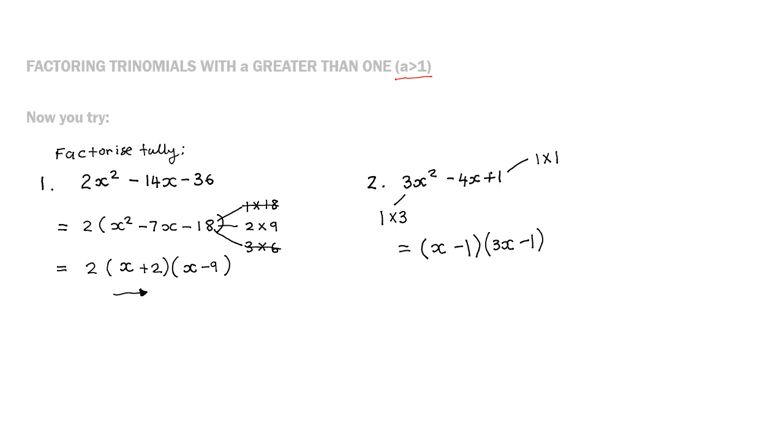Then the signs will be accounted for because negative times negative is positive, and 1 times 1 is 1. And there you go. If you got this one right as well, well done. Okay, so this brings us to the end of factorizing trinomials with a being greater than 1.